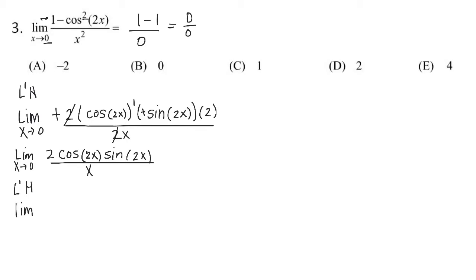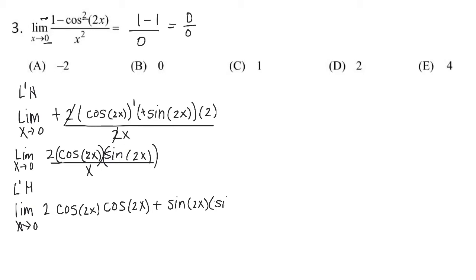So I have the limit as x approaches 0, and that 2 is just going to sit there. It's just a coefficient, and we need our product rule using sine and cosine. So our product rule says our first, cosine 2x, times the derivative of the second, which is going to be cosine 2x, plus the second, sine 2x, times the derivative of the first, and the derivative of the first is going to be negative sine.